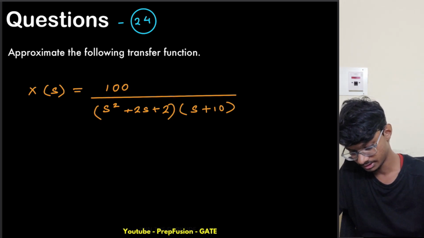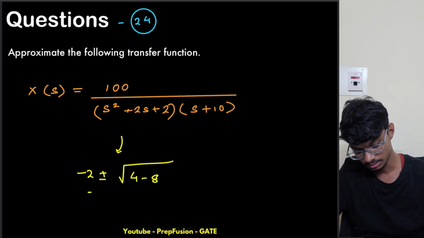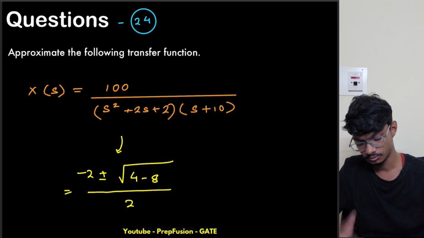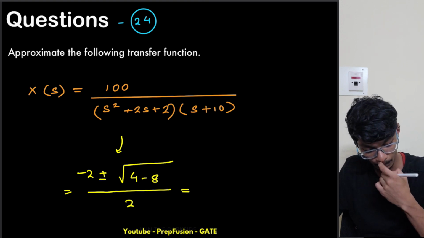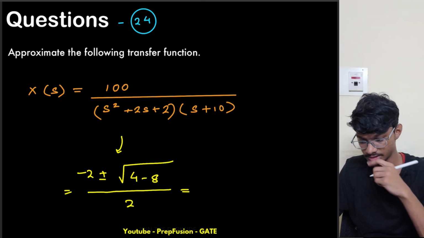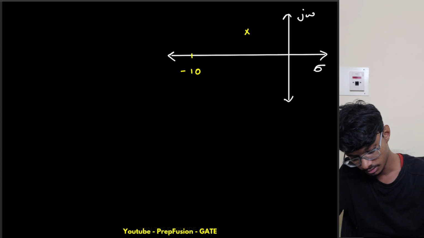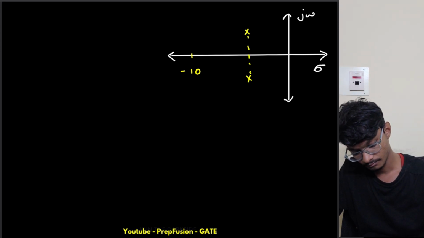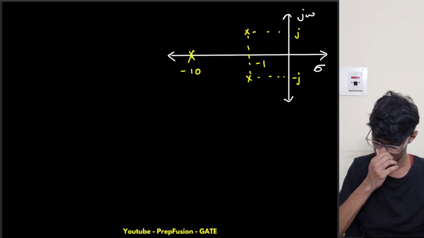So if I find the roots using minus b plus minus square root of b square minus 4ac over 2, these are the poles, right? So what do we get? Under root -4, so minus 2 plus minus j2 divided by 2, so -1 plus minus j1. So two poles lie here, at j and minus j, with real part -1, okay. So yeah, this is the pole-zero diagram, okay.